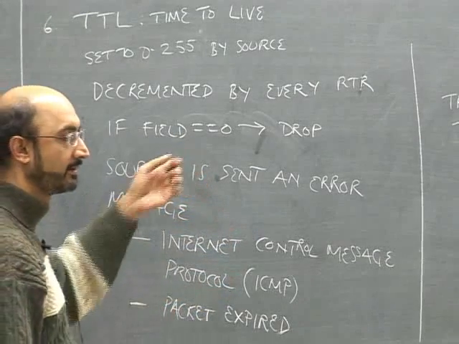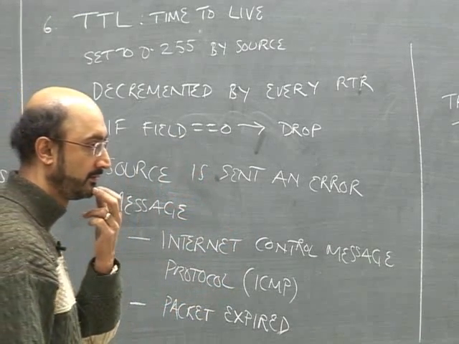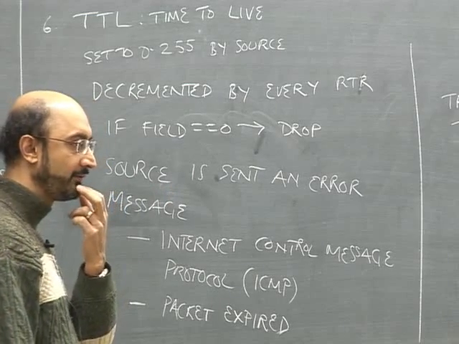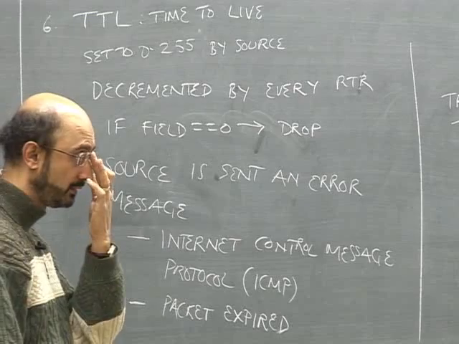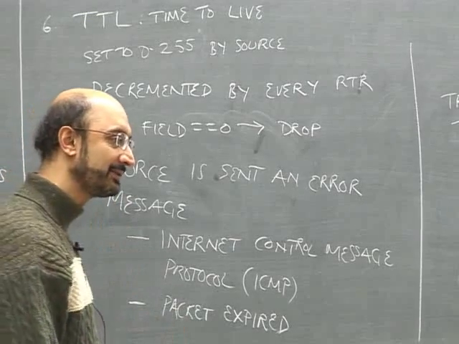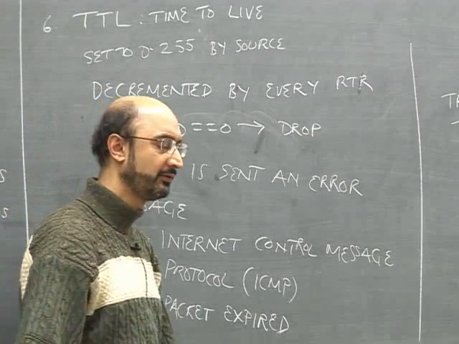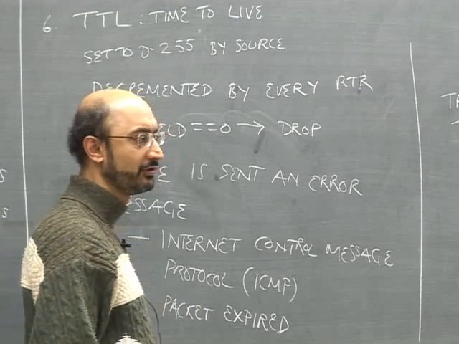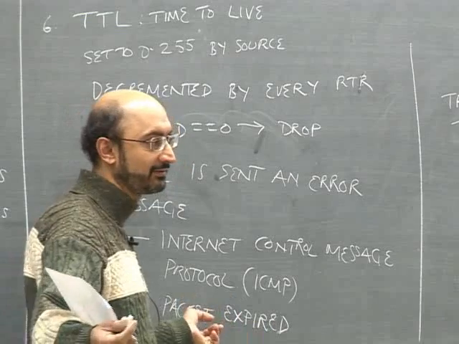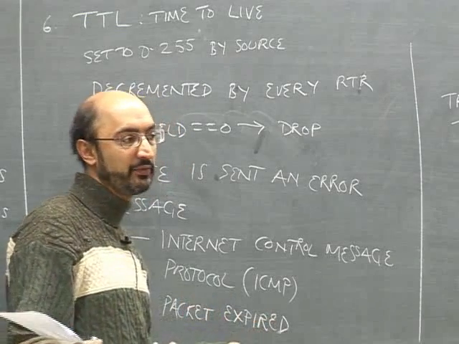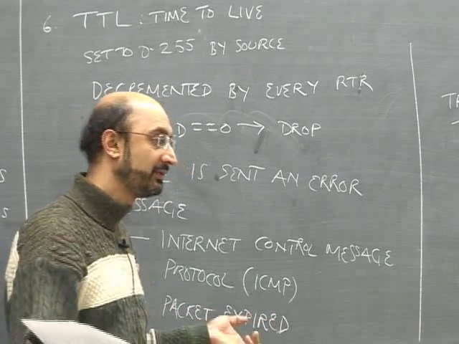What's the average time to live? What's the average hop count that a packet would have? We can't talk about average because it depends on where you're communicating with. If you communicate with everybody inside University of Waterloo, your hop counts are going to be like 3 or 4. If you communicate mostly with international destinations, the typical diameter of the internet, the number I've heard is about 20.